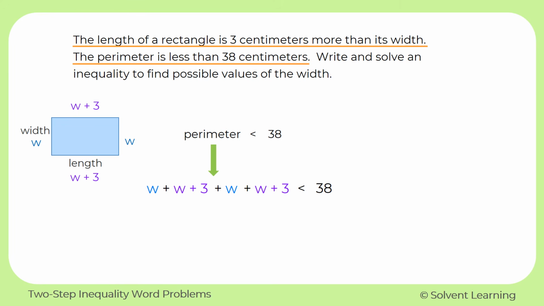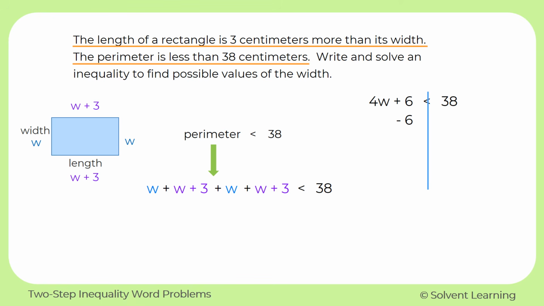We have a bunch of W's and a couple of 3's, so we can combine like terms. It simplifies to 4W plus 6, since we have four W's and 3 plus 3 gives us 6, and that is less than 38. Now we have a much clearer inequality, and we can solve for W.